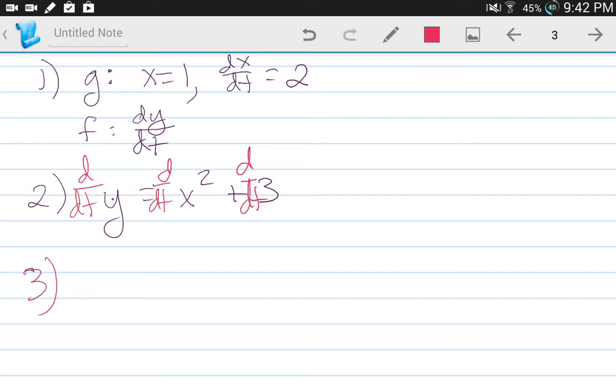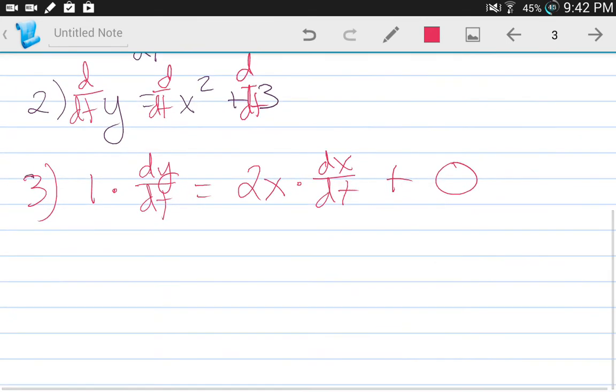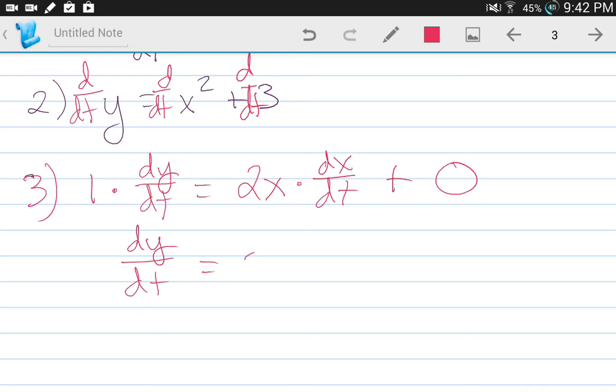Alright, so with that we get dy over dt, and basically the derivative of y is 1 times dy over dt equals 2x times dx over dt plus 0. So we'll just get dy over dt equals 2x dx over dt.